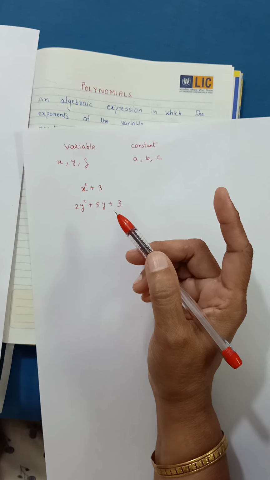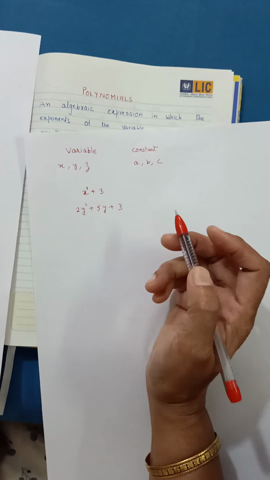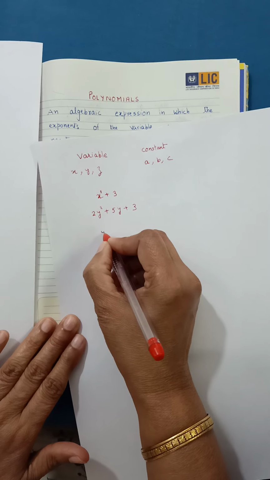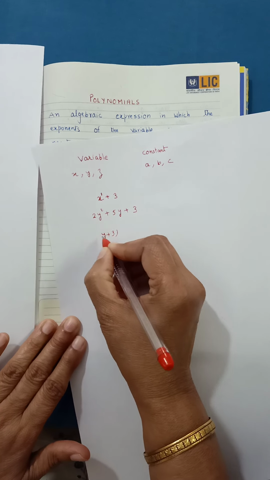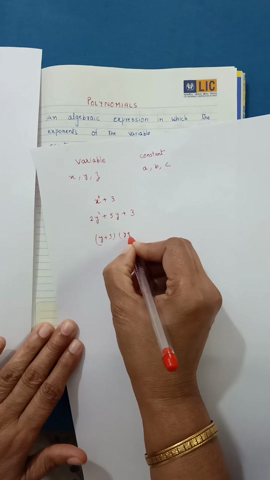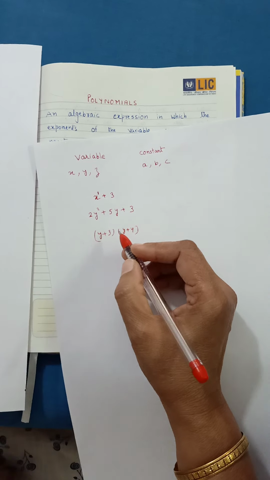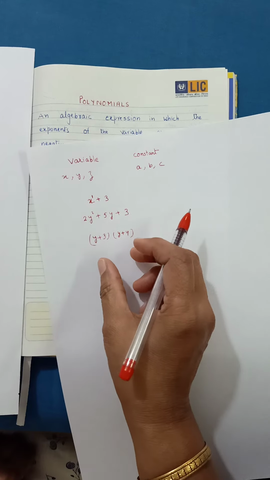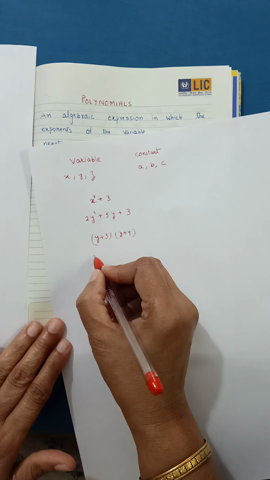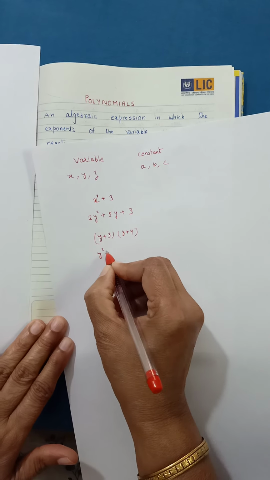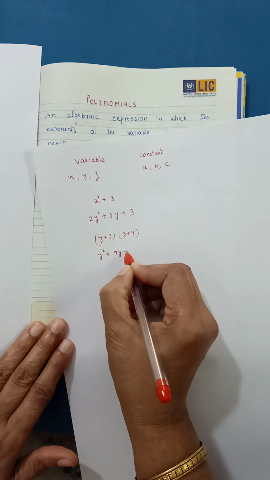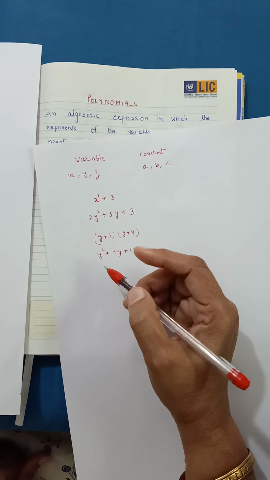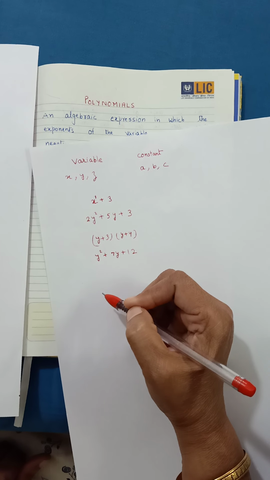So the degree of this polynomial is 2. If I take a polynomial as y plus 3 times y plus 4, students think that power is 1, so degree is 1. No, we have to multiply it, and after multiplying we get y square plus 7y plus 12. Now the maximum power is 2, so the degree becomes 2.